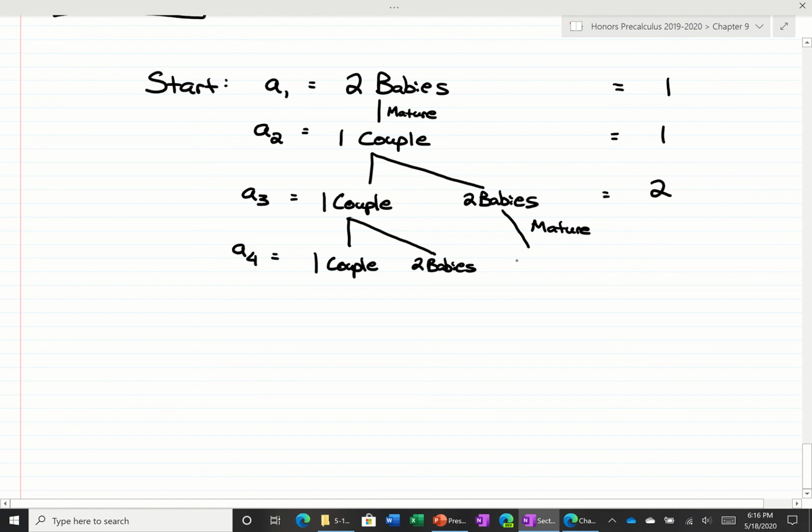So we'll call it just another couple. So if you look at the total number of couples here, we have 1, 2, 3, which just so happens to be 1 plus 2. All right, let's go a couple more.